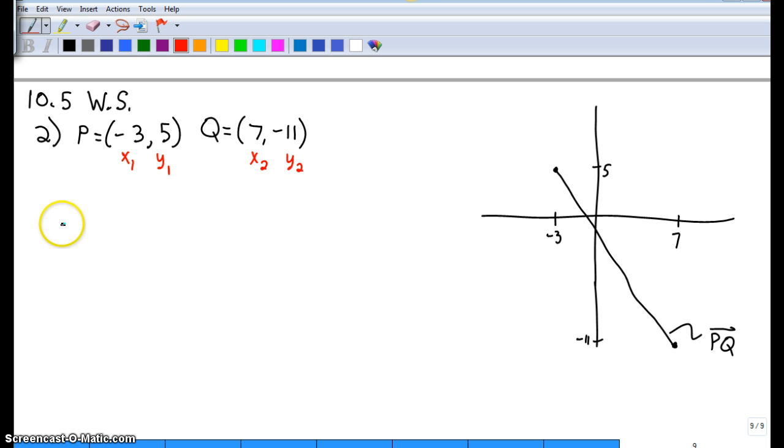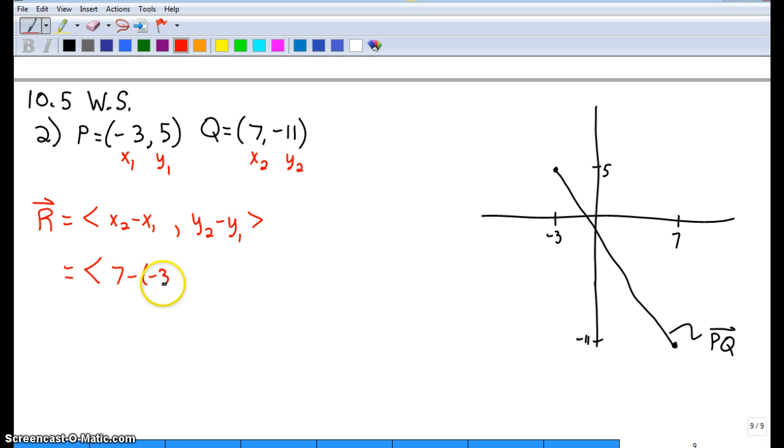And to find my vector, I'll call it resulting vector R. It's going to be x2 minus x1, comma, y2 minus y1. So you plug your numbers in. That's the general form. You're going to subtract your x's from each other, and that'll be your resulting x. You're going to subtract your y values from each other, and you're going to get your resulting y.